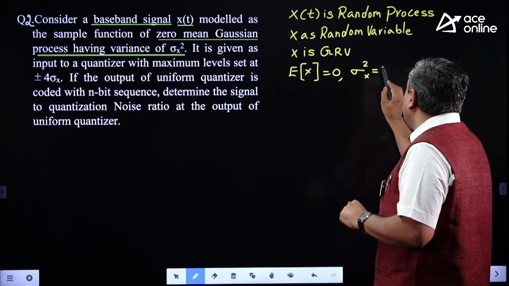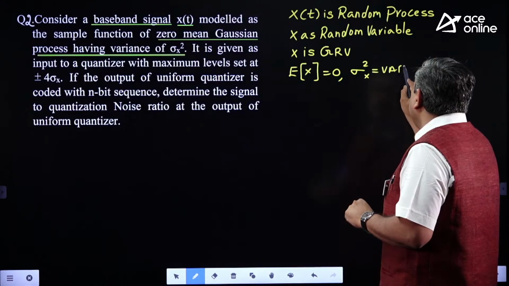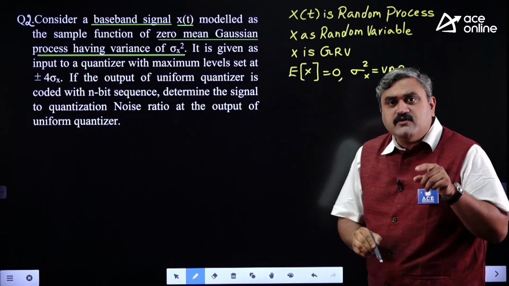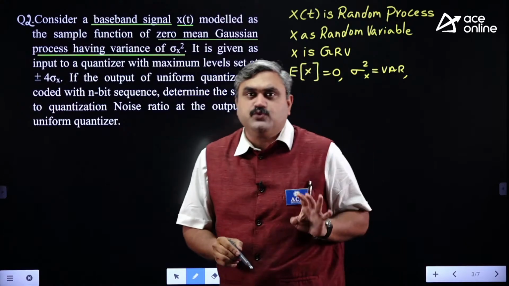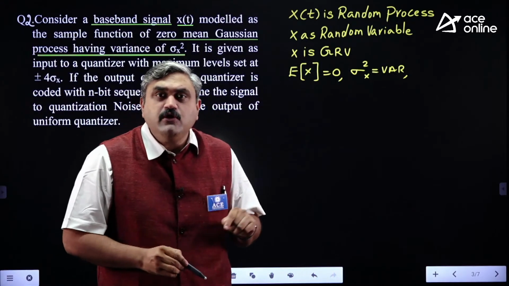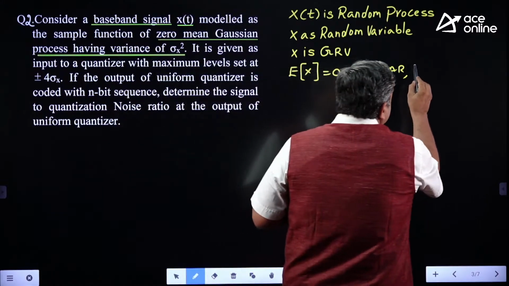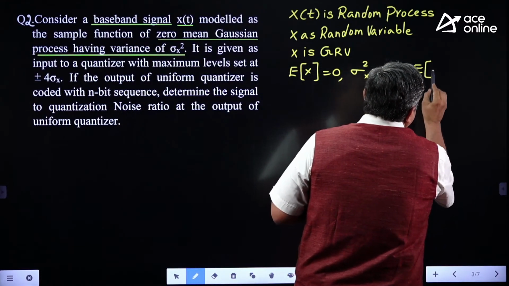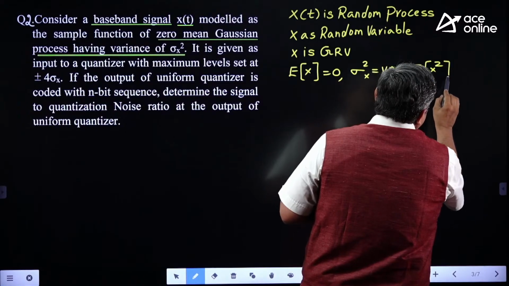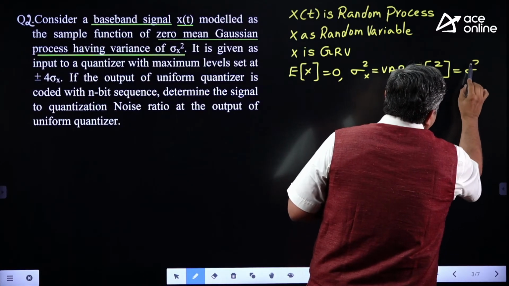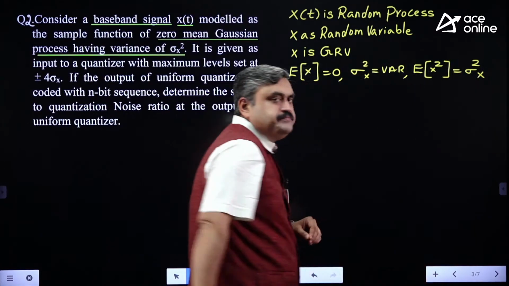You very well know variance is always the mean square value minus the mean whole square. Because the mean value of this random variable is 0, obviously its mean square value will also be equal to sigma square x. Finish. So, these are all the points that you need to understand.